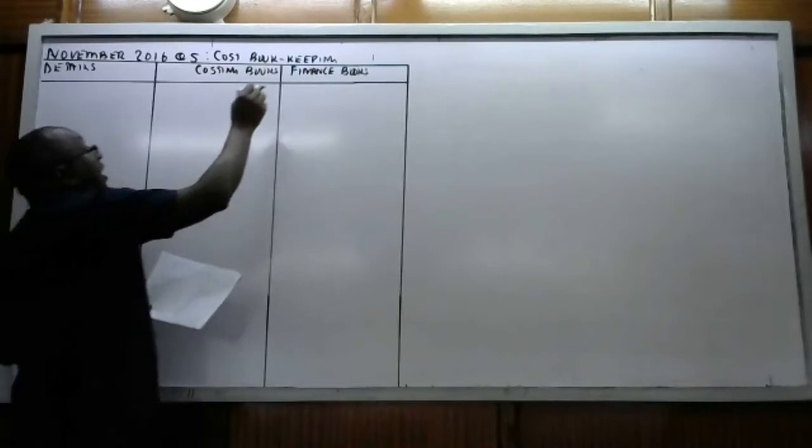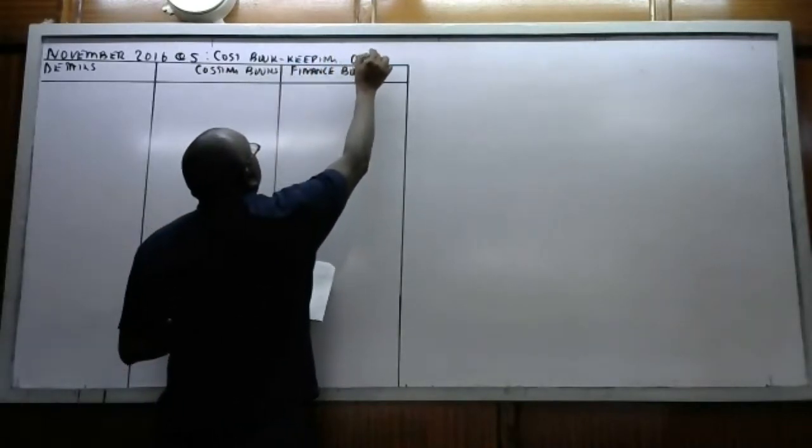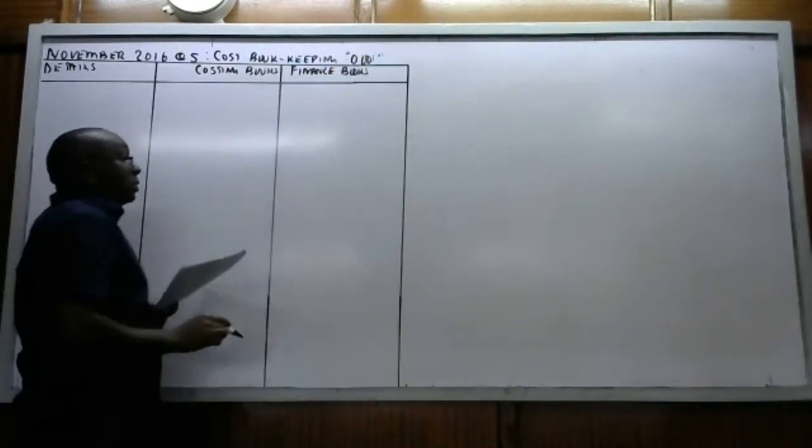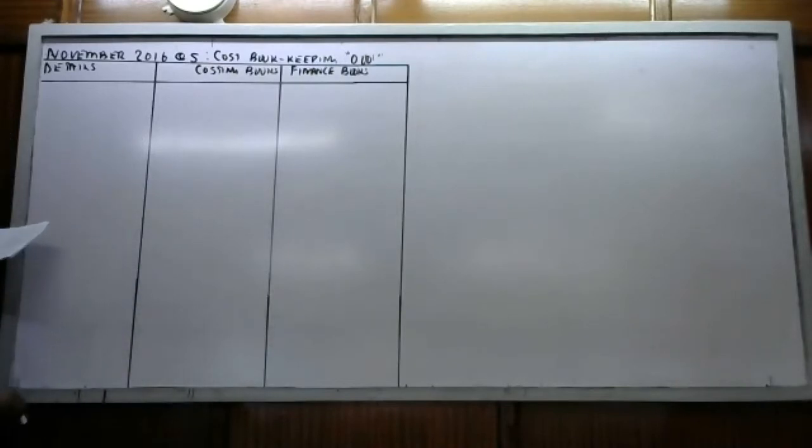We have direct materials. You can have our figures in thousands. Direct materials is a figure that arrives both in finance and in cost.